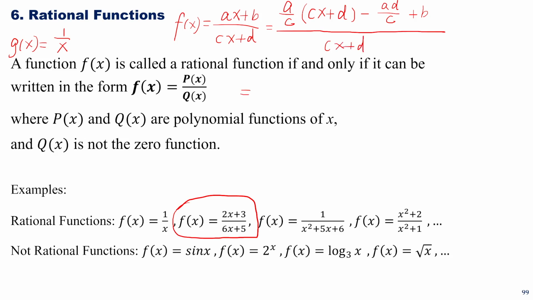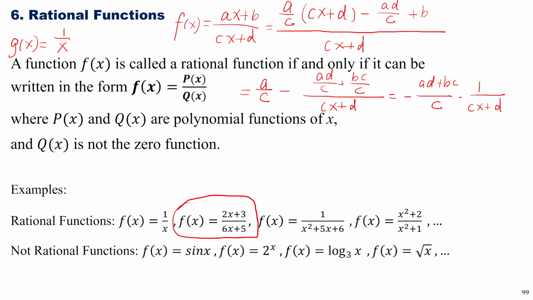And then we have a over c minus ad over c plus bc over c, over cx plus d. So this will give us negative (ad plus bc) over c, times 1 over cx plus d, then plus a over c, right?